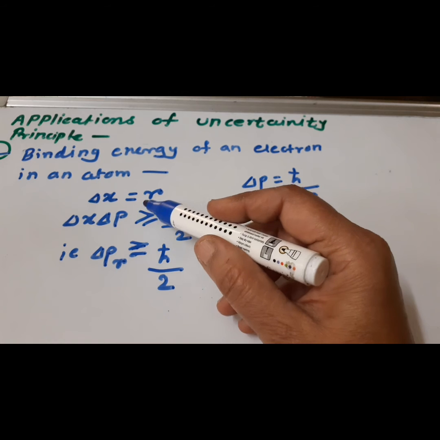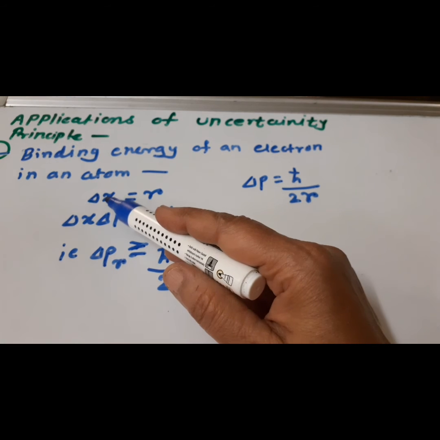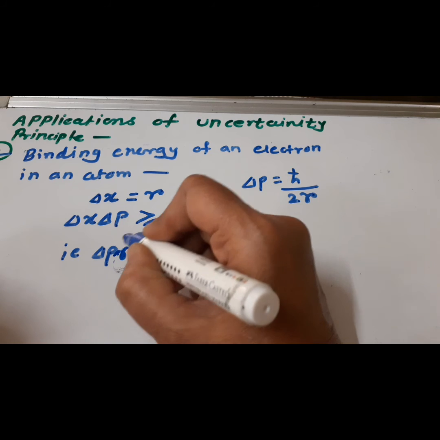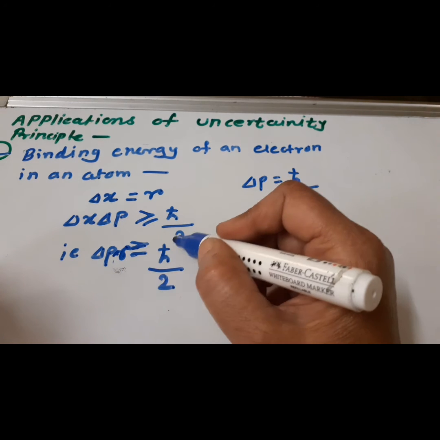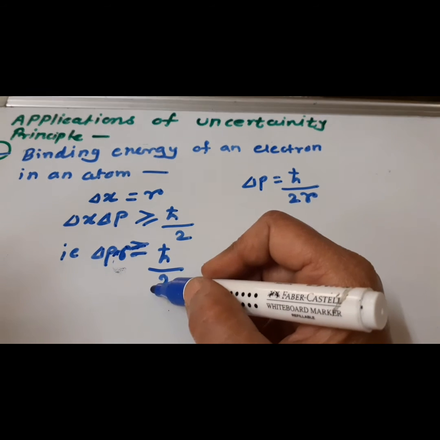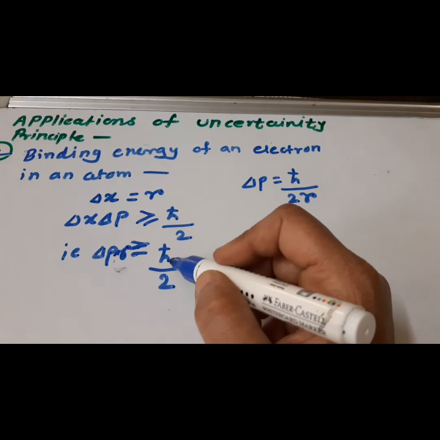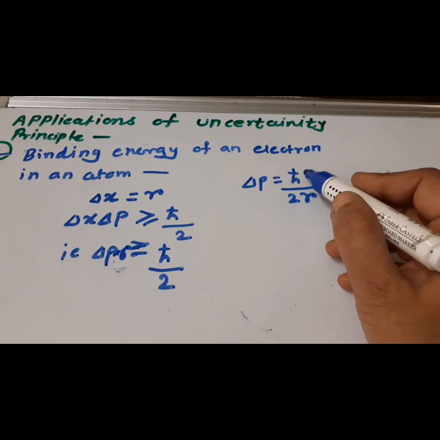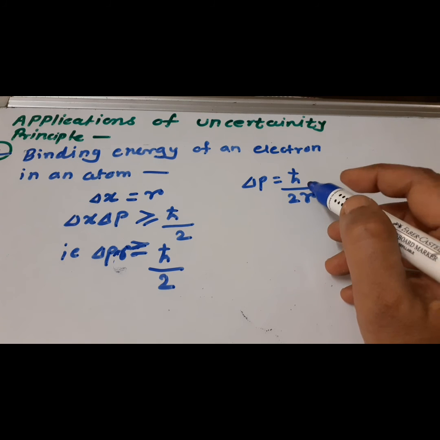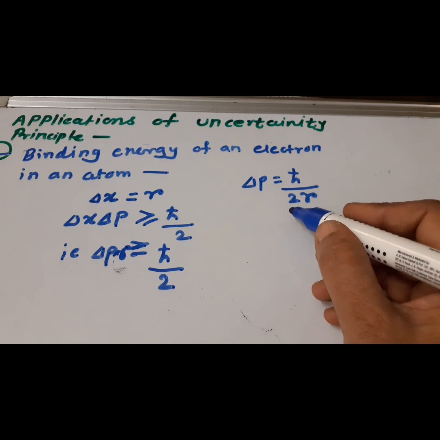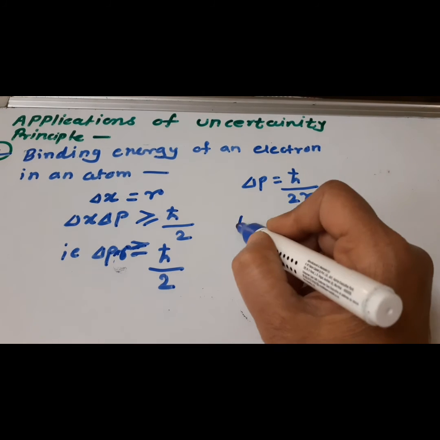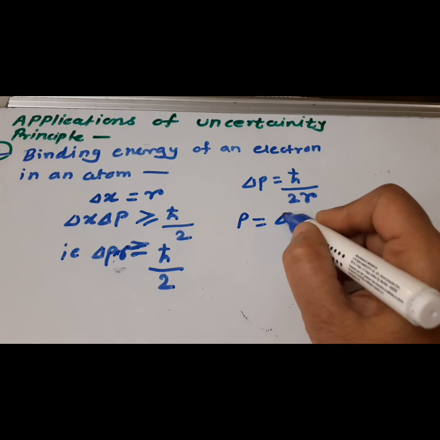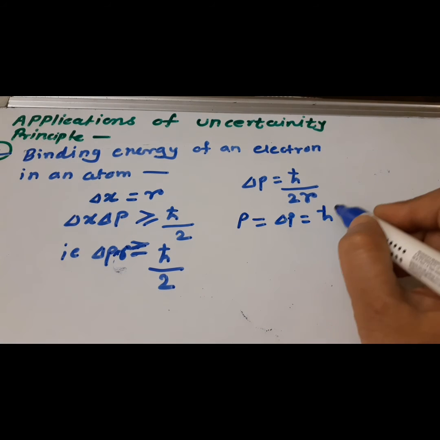Because delta x has the value r, so delta p r is greater than or equal to h cross by 2. Therefore, rearranging the equation, delta p is equal to h cross upon 2r. Hence, the minimum value of momentum, written as p, is equal to delta p, which is equal to h cross divided by 2r.